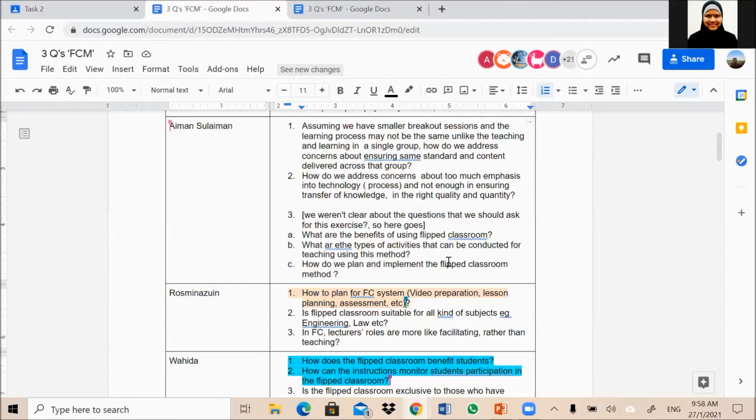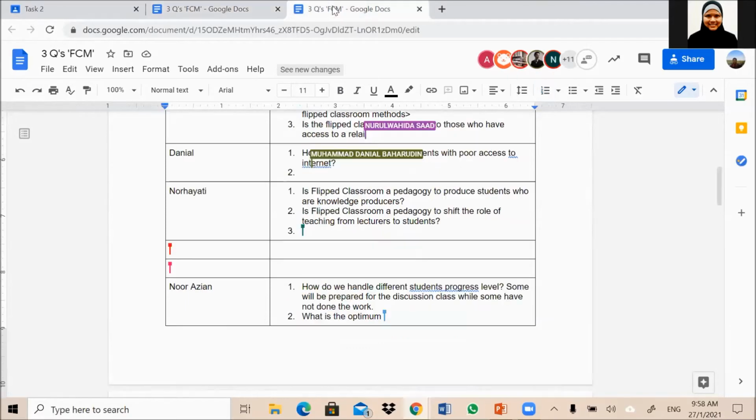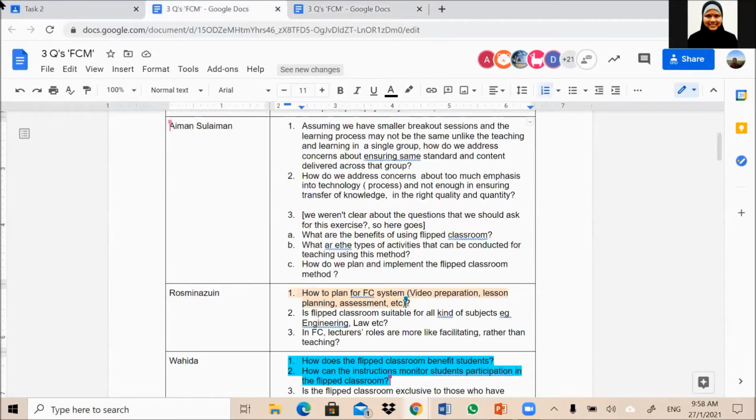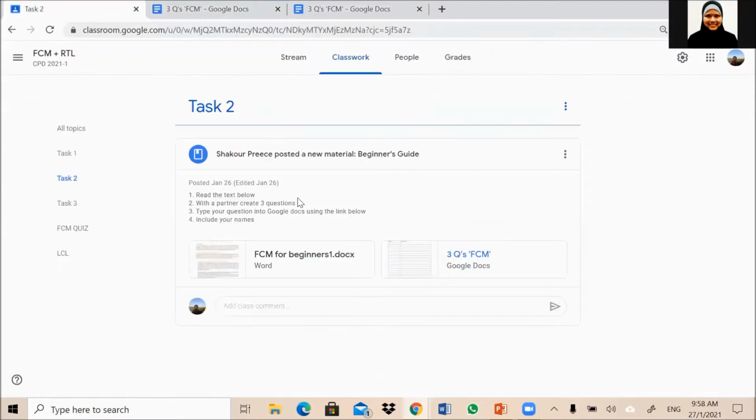Sorry, Dr. Shakour. When you asked us to do this exercise, the question that you asked us to pose. Initially, my understanding was you wanted us to ask questions other than what the material covers, right? But then after you explained that the questions that we are supposed to pose is basically summarizing the contents of those materials that you have posted on Padlet.